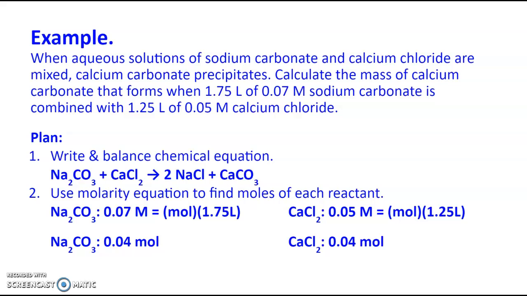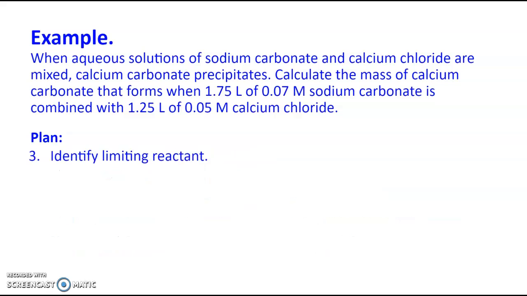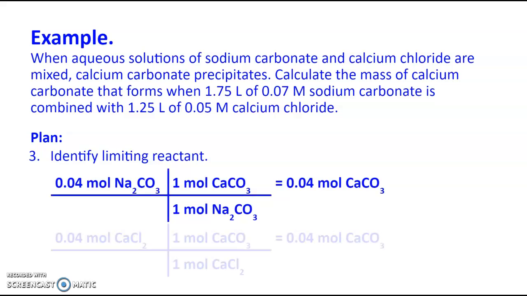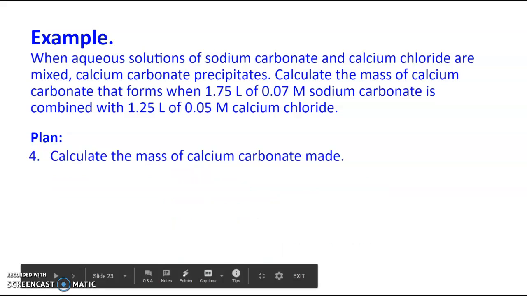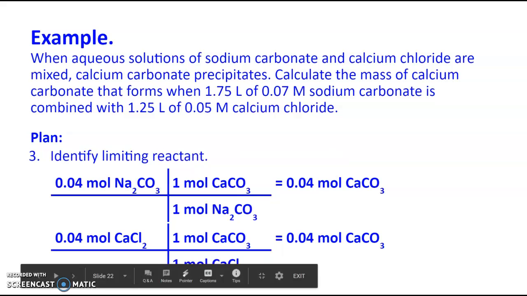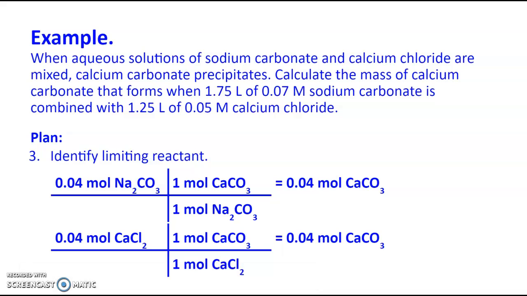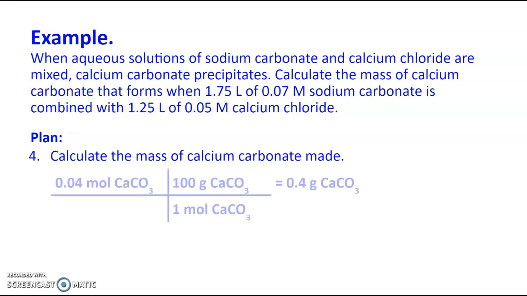In this case, there's no limiting reactant, but we had to check just to make sure. So now that we've identified our limiting reactant as not really existing, we use our balanced chemical equation, which gives a 1-to-1 mole ratio. So there's no difference between our two reactants.